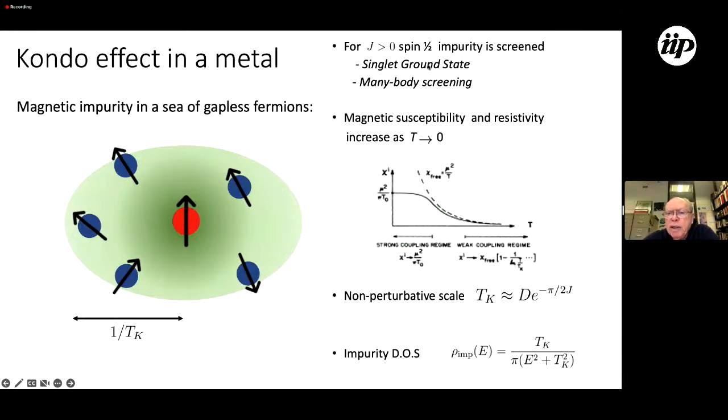And the screening of the impurity can be summarized nicely in this diagram. So at high temperature, the susceptibility of the impurity behaves just like a free spin susceptibility.